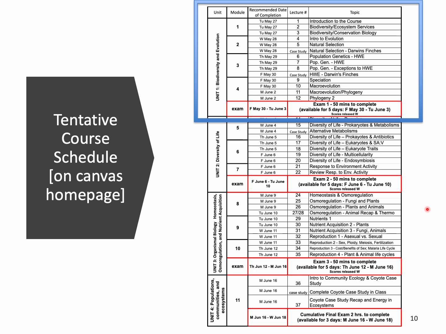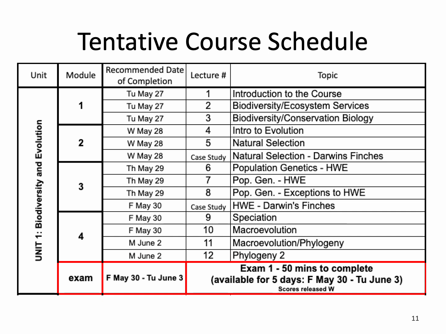So let's zoom in on the section outlined in blue here to understand this a little bit more. So here's that same tentative schedule from the previous slide, and all we've done is zoom in on one unit, the biodiversity unit. Moving across the table, you can see the modules, the lecture numbers and topics associated with each module, and the recommended date of completion for each lecture or assignment.